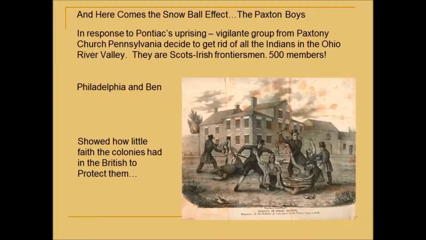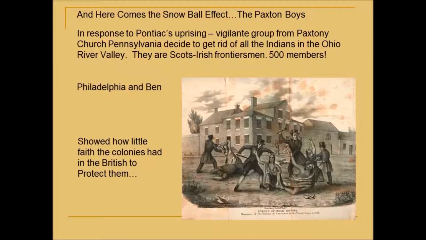So there were another 14 Susquehannock who were witness to this, and they ran to the local British town and said, "Please help us. This is what's happening. These Paxton boys are attacking us." And so they are taken into protective custody by the British law. Now they're taken into protective custody, and these Paxton boys broke in and killed them all.